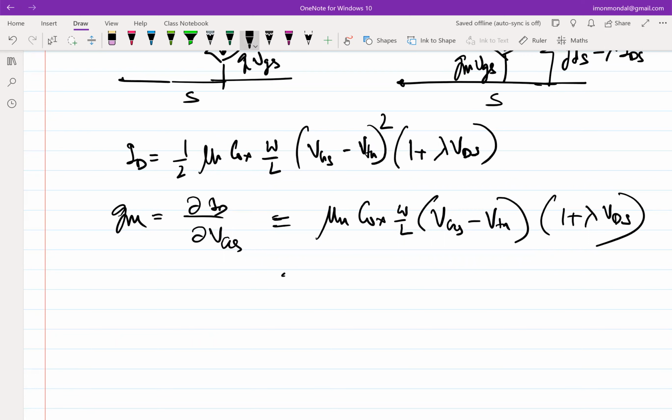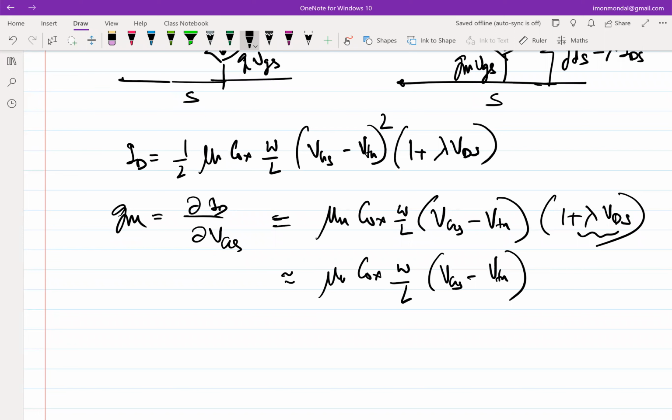simplify. We said that this is almost equal to the old expression. So we'll get some error definitely, but that error is not significant because this lambda VDS is much less than 1. We can neglect that, because if something is much lesser than 1, I can neglect it with respect to 1.